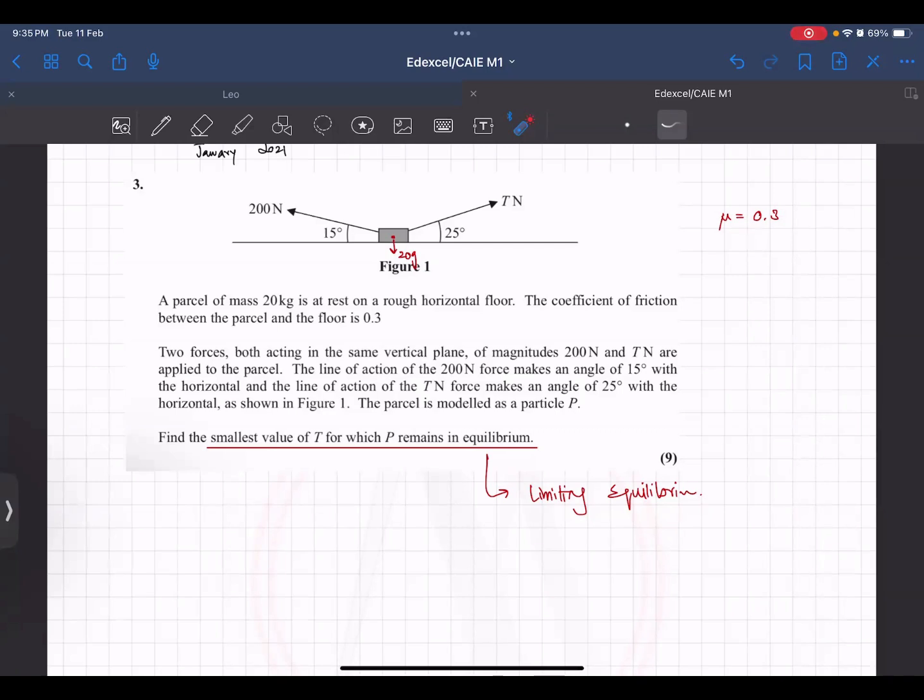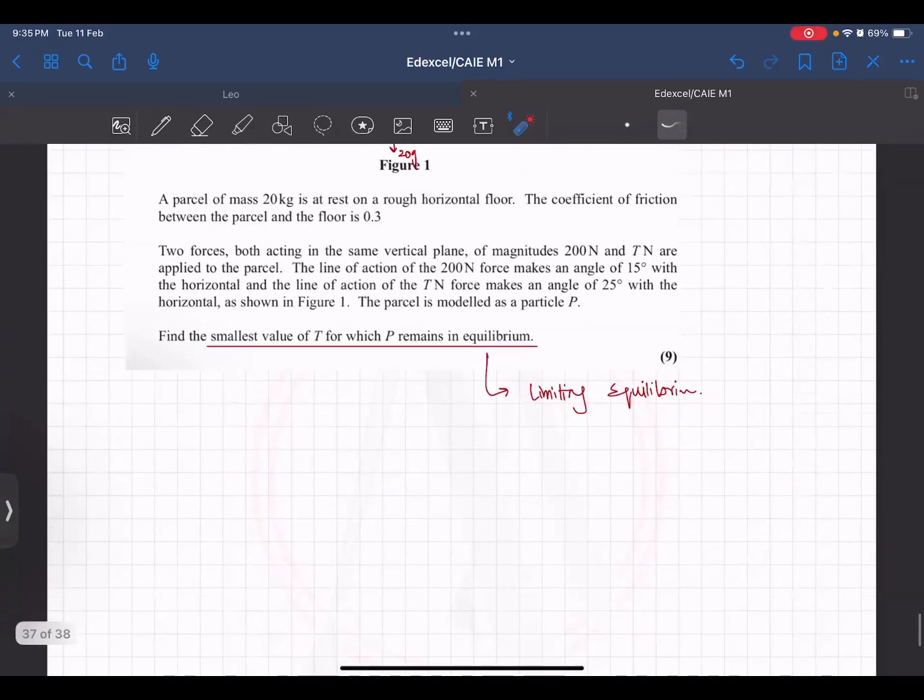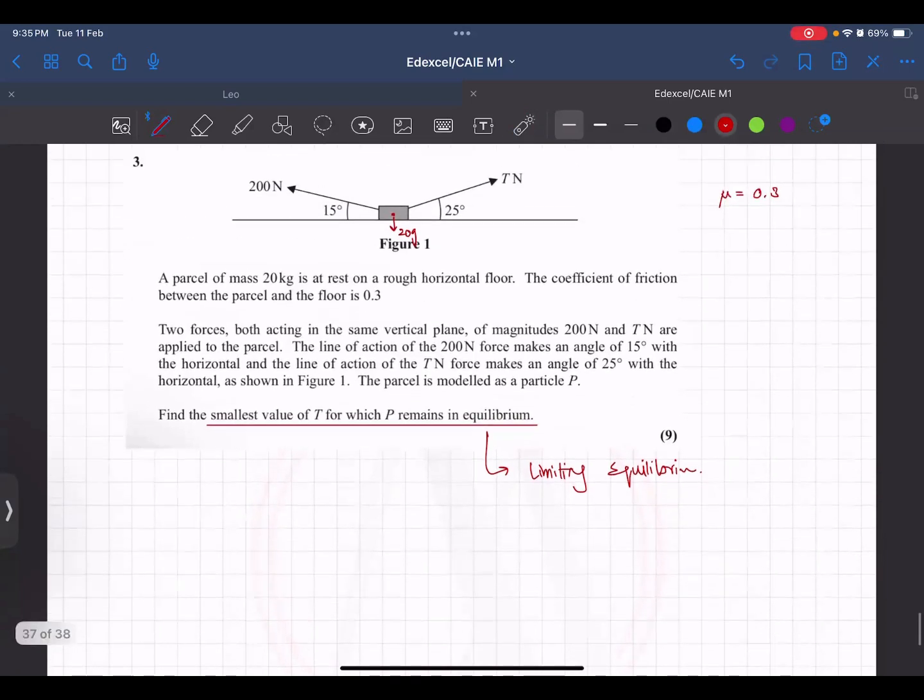Okay, so that's why they talked about the smallest value, because there were two situations that can be modeled out of this thing. So we have to solve separately, and then definitely, if you think about it, which situation would give you the smaller value of T?